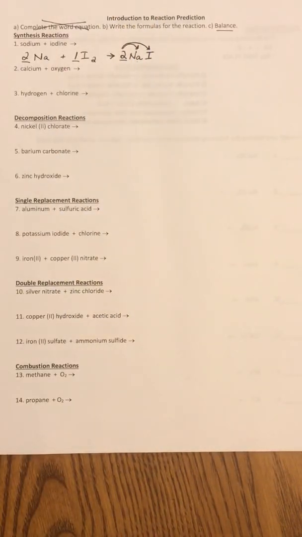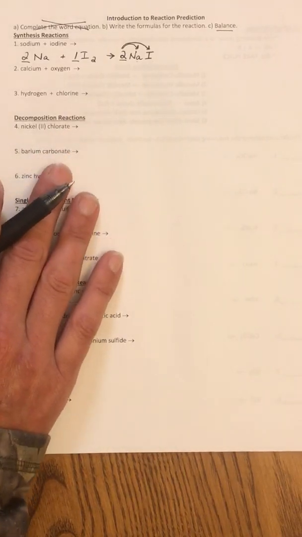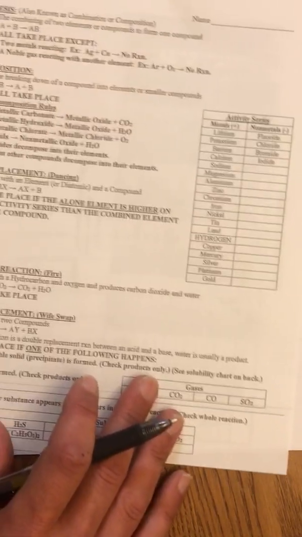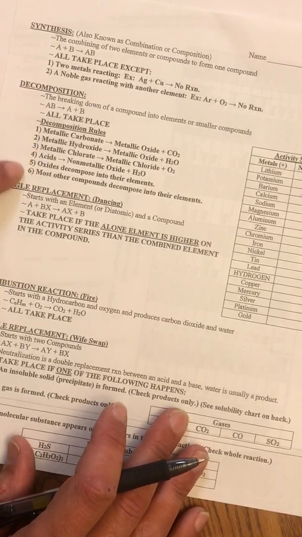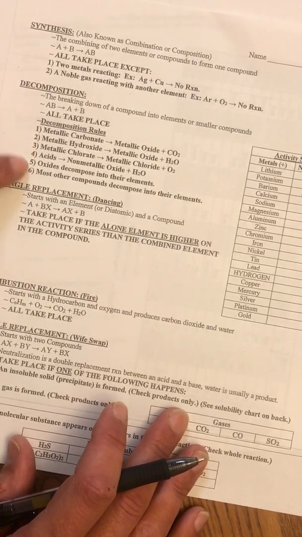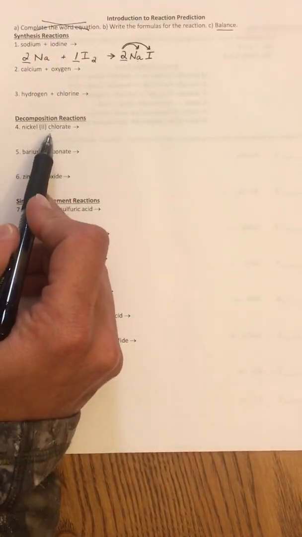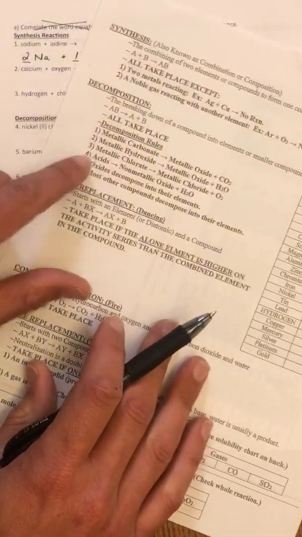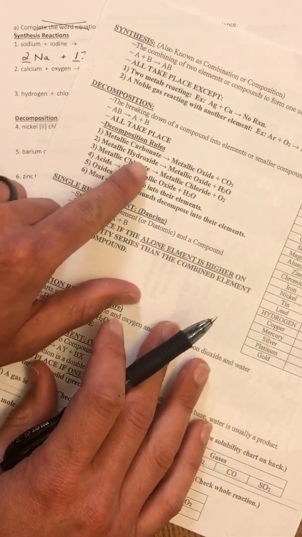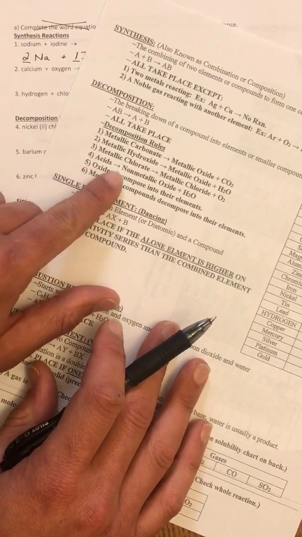So next we're going to go on to an example of decomposition. If you are looking at the cheat sheet here, there are 6 rules under decomposition. And these rules will help you determine how it breaks apart. So looking at number 4 here, we have nickel 2 chlorate. If you look at your 6 rules, which one would nickel 2 chlorate fall under?